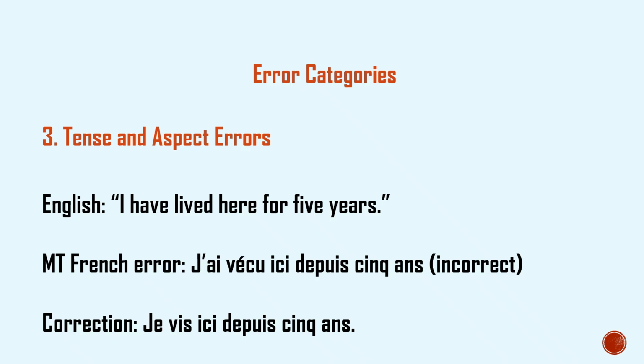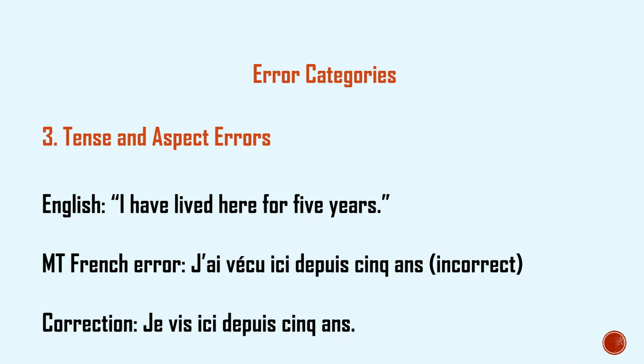In English, I have lived here for 5 years uses the present perfect to indicate an action that began in the past and continues into the present. Machine translation incorrectly maps this to the French passé composé, assuming both forms function similarly because they share a similar structure.